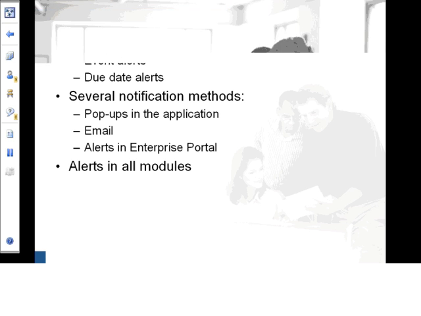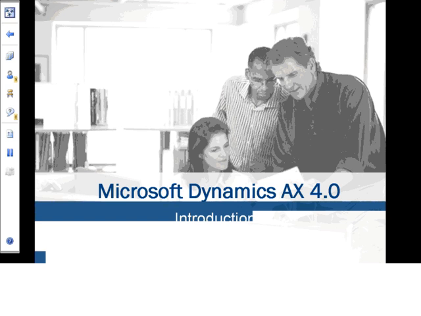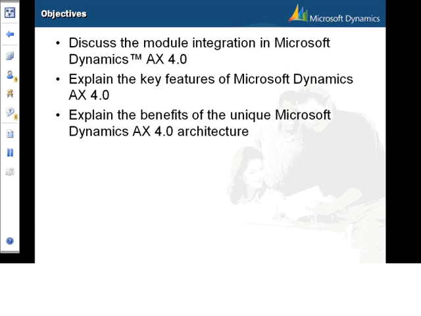The first part was about the introduction to Microsoft Dynamics AX, and in the first session we discussed the module integration in Microsoft Dynamics AX. We explained the key features of Microsoft Dynamics AX and the benefits of the unique Microsoft Dynamics AX architecture.